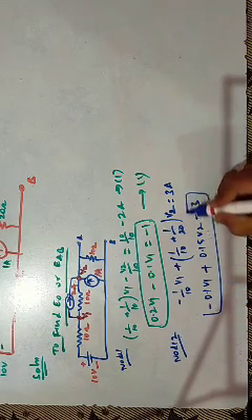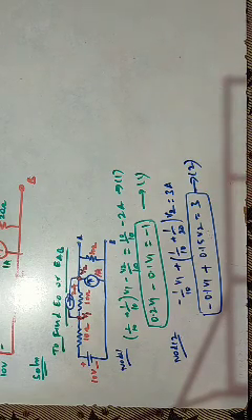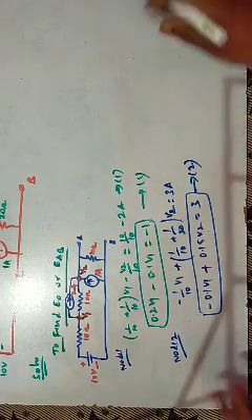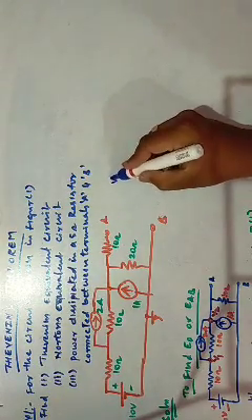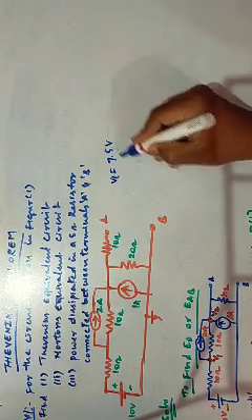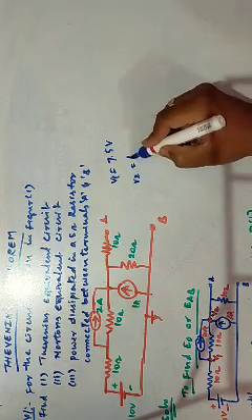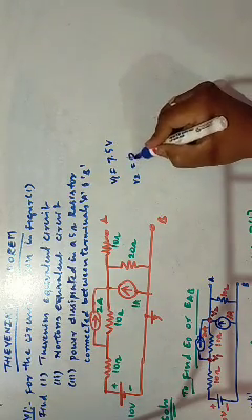Call this equation 2. Equation 1 and equation 2, solving through calculator, we get V1 is equal to 7.5 volt and V2 is equal to 25 volt.